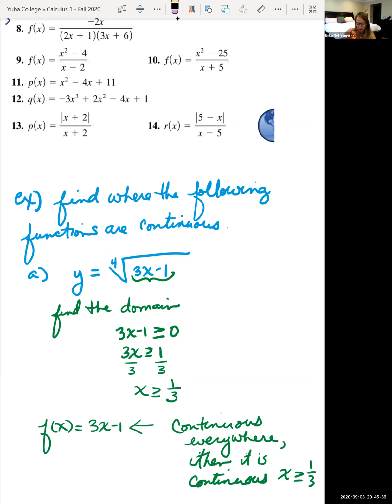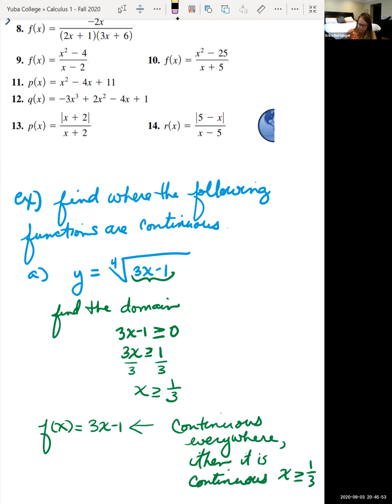Then we also had that rule above that said, if you look at a function, what's underneath the radical, if that's continuous, then it's also going to have to be continuous if we took the root of that, and this was a positive number, which it is.